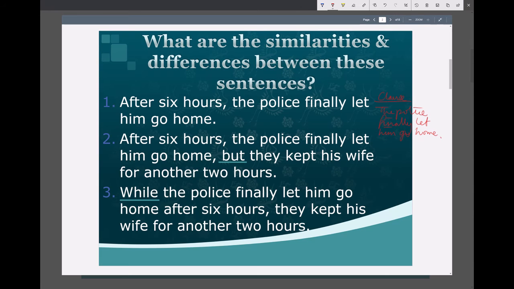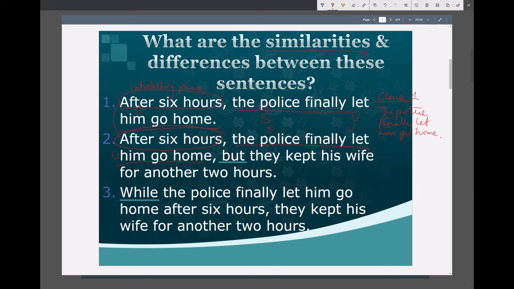These sentences are related, so we have the introductory phrase here. And then the clause here. Subject, verb, and object. How about the next sentence? We have the same introductory phrase, so these are the same. That's a similarity. The police finally let him go home. That's the same too. Same subject, same verb, same object, the same words.